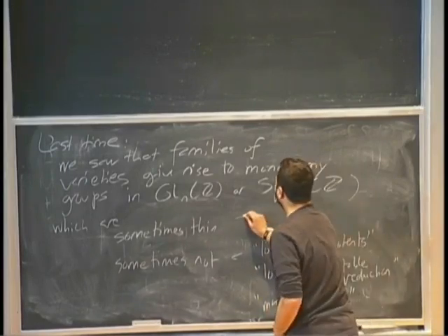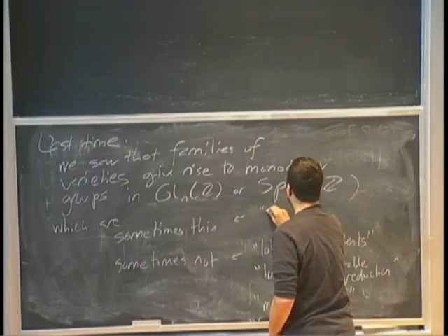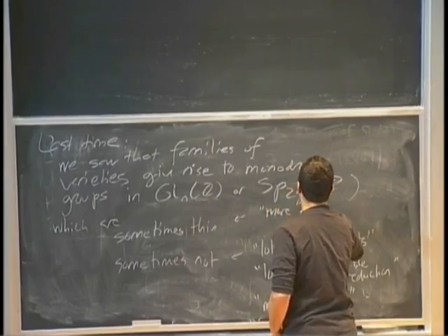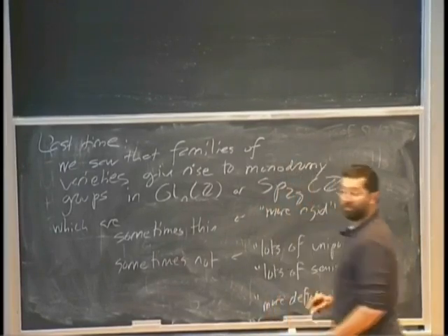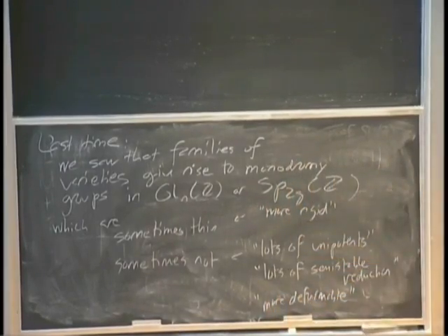And by contrast, the thin cases in practice appear to be more rigid. For instance, the Teichmüller curves I mentioned, which give a very handsome family of families of curves with thin monodromy groups, those actually don't deform at all. They're rigid. They have no holomorphic deformations.